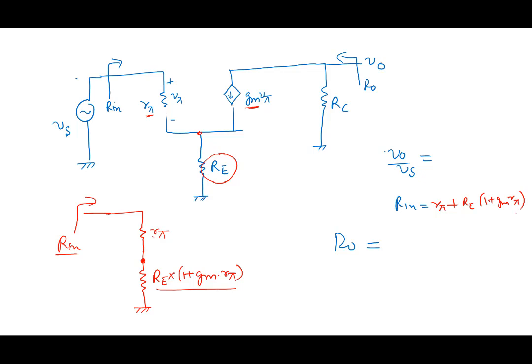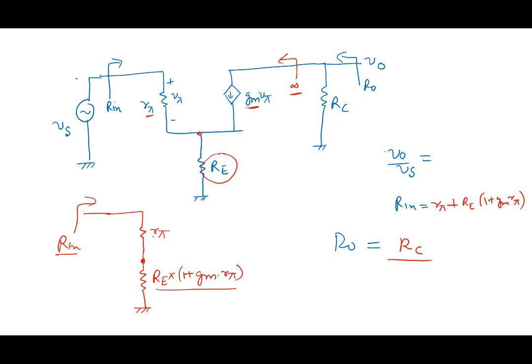R0 is also straightforward, because when I look from here, this is again infinity, and then this is R0, so R0 is R_C. The problem is V0 by Vs. What is that equal to?